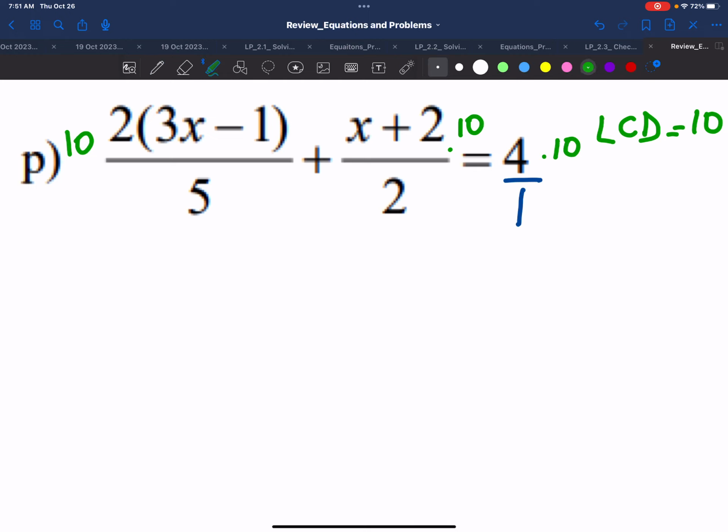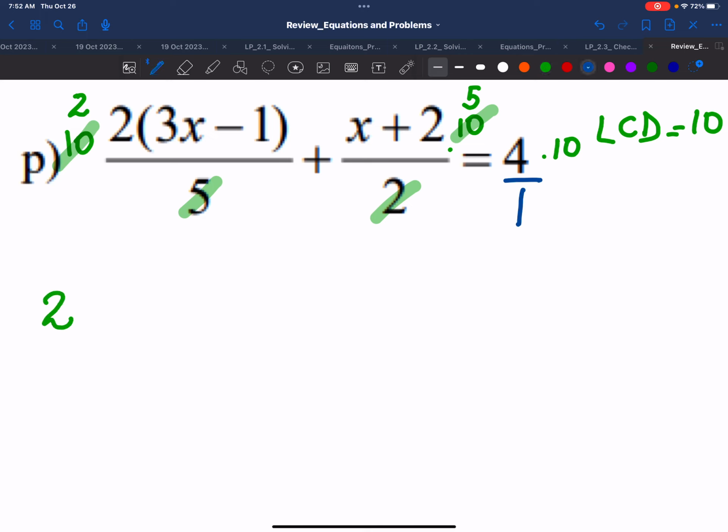So 10 will divide 5, and it will give number 2. 10 will divide 2, and it will give number 5. And 10 divided by 1 is still 10, so we're going to leave it as is. Let's get to work. So we have 2.